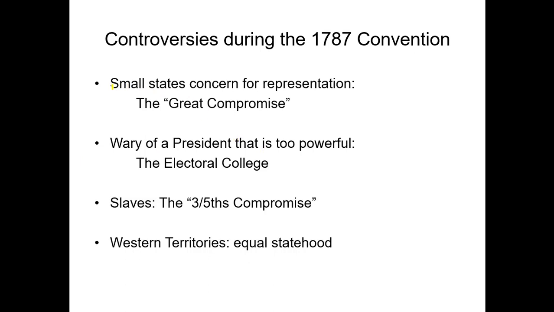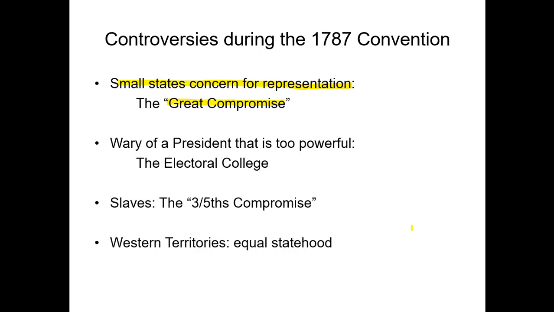So the main controversies were, of course, that the small states were worried that a representative system was not going to do them any good. They were going to be overpowered by the big states. And you could argue the Great Compromise is what saved the Constitution, because what they decided to do was, in the Congress, they split the Congress up into two houses, and that's partly because, since they're the lawmaking branch, they wanted a little bit more of an agreement there so that the Congress would not be too powerful.